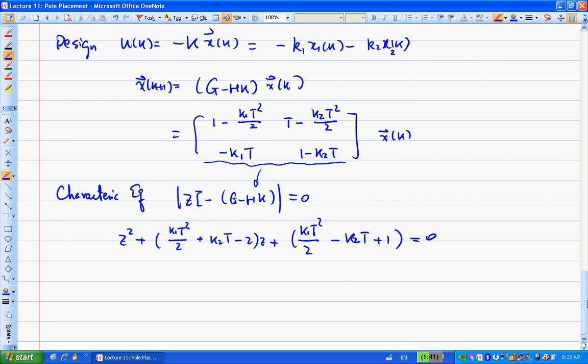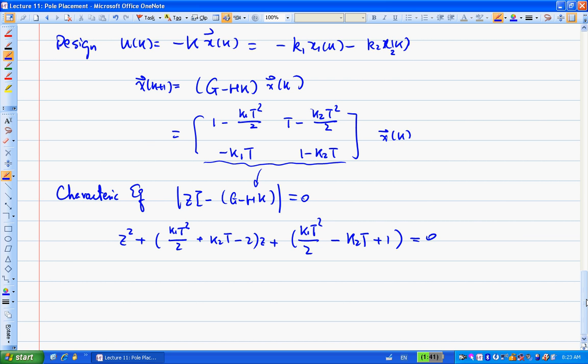So this is a polynomial based on the feedback, but we haven't given values for K1 and K2 yet.